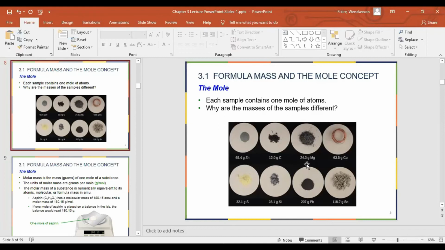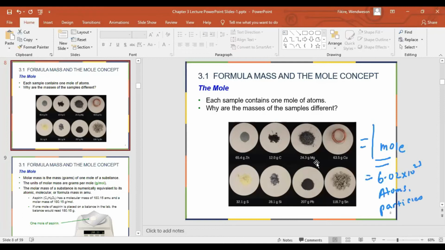The weight of magnesium is 24.3, etc., etc. So this is 1 mole. All these are referring to 1 mole. So if they are referring to 1 mole, all of them have 6.02 times 10 to the power of 23 atoms or particles. Okay, that's how the definition is.